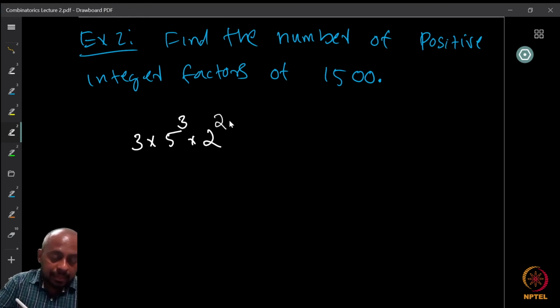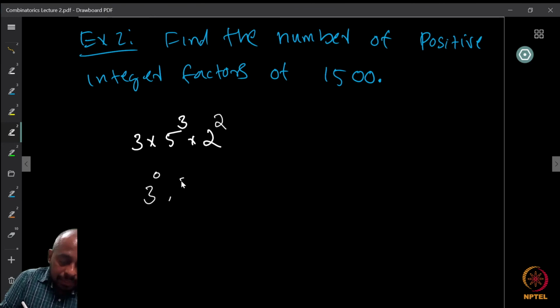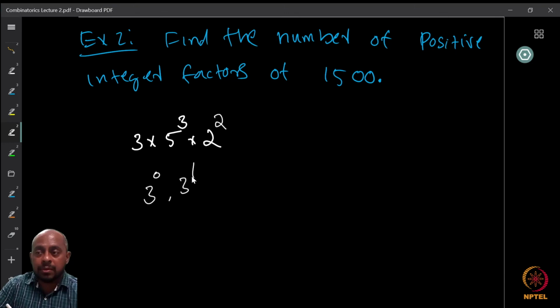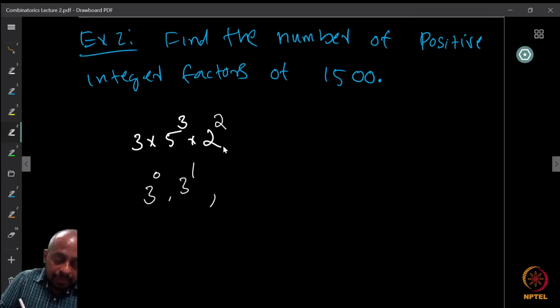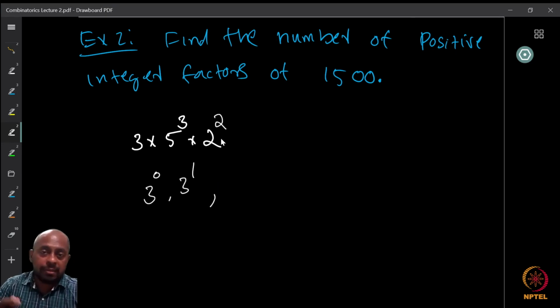So since 3 is appearing only once, my choice is to have either 3 appear in the factor or not, right? So the power of 3 in the factor can be 0 or 1, right? So I can have 3 raised to 0 or 3 raised to 1 as the possible factors. Similarly, I can have 5 raised to 0, 5 raised to 1, 5 raised to 2, and 5 raised to 3, right? There are 4 possible choices for 5, right? And then I have 3 possible choices for 2, right? 0, 1, or 2.